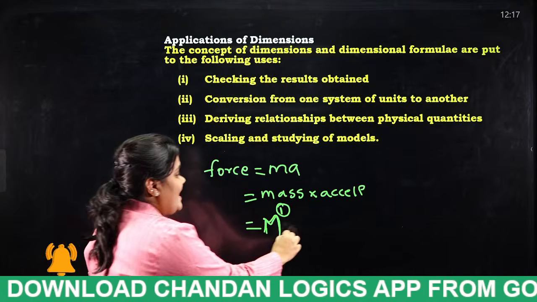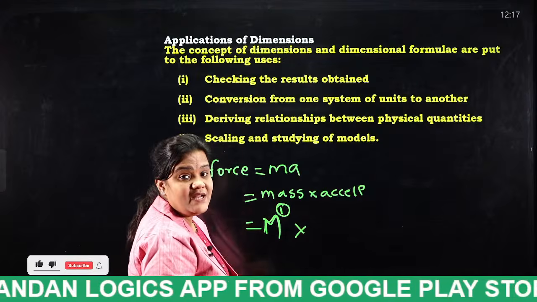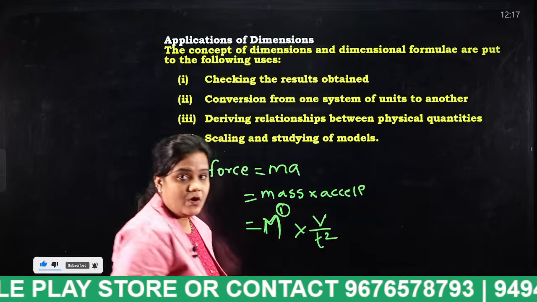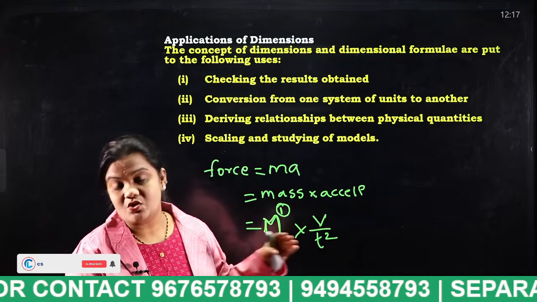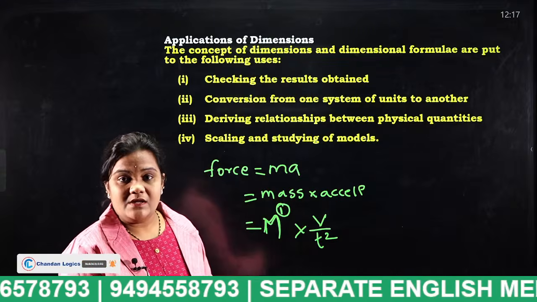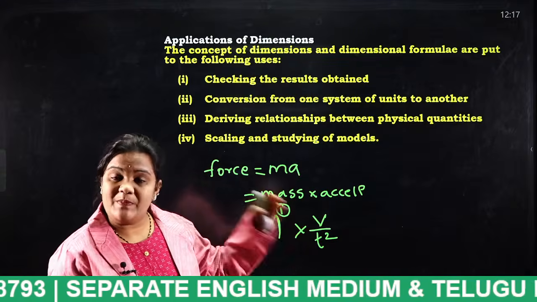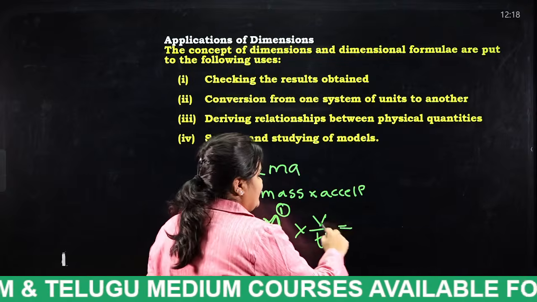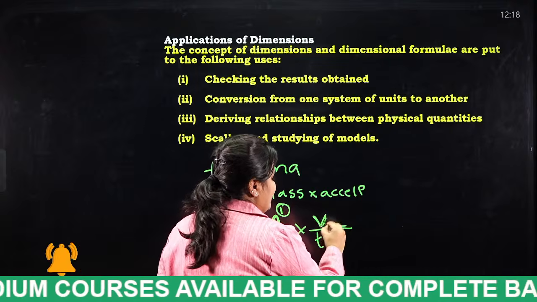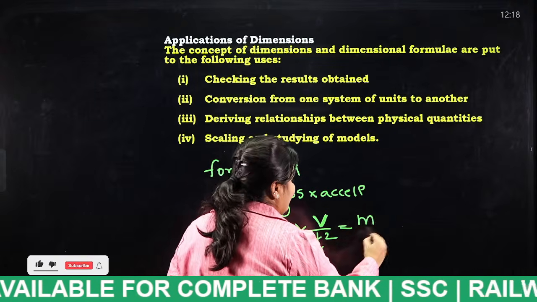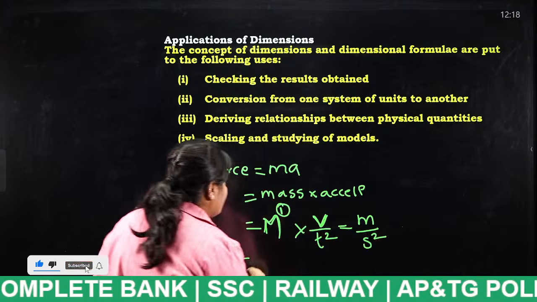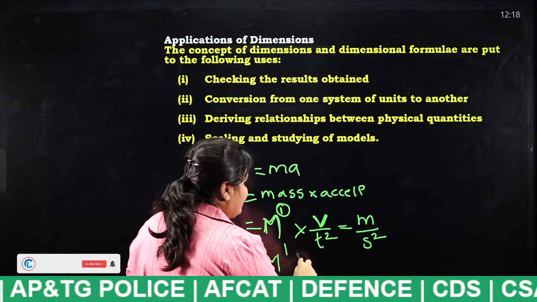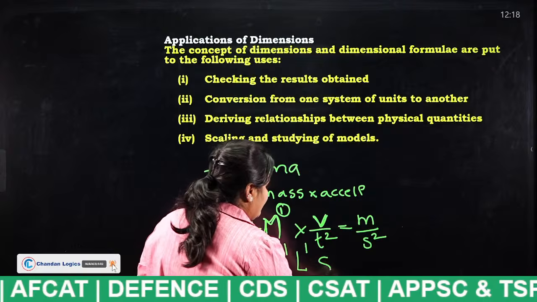In the similar way, what is the formula for acceleration? Acceleration is velocity by t. The rate of change of velocity is known as acceleration, right? Velocity is speed by time, so velocity is measured in meters per second and time in seconds. So we will write it as length L and s to the power minus 2.